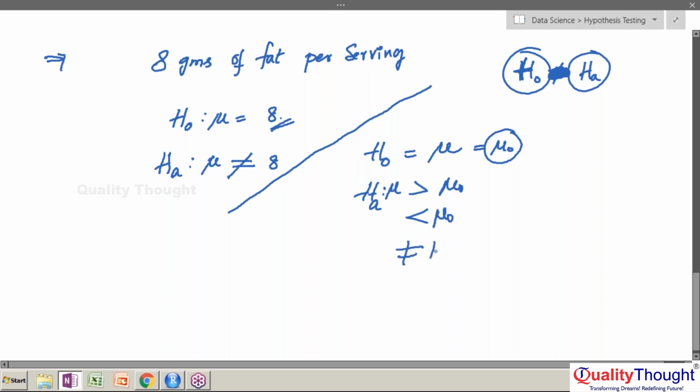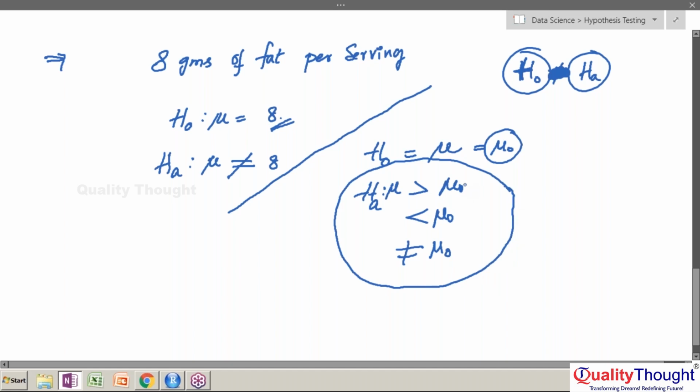Is there any other sense that we can make about the alternate hypothesis apart from these 3? No. Either it should be less than, greater than, or not equal to. That's it.